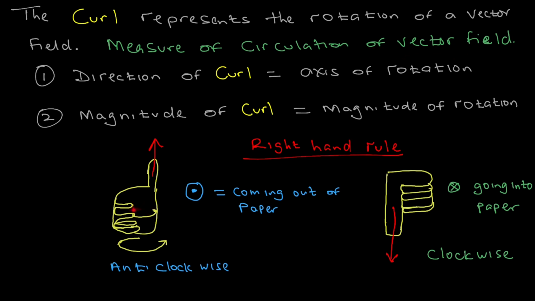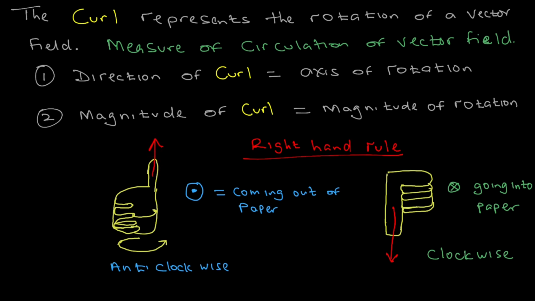If you have your right hand and you fold your thumb pointing up and your fingers are coming in an anti-clockwise direction, then we can represent that as coming out of the paper, and that's how you draw that. And that will be your vector field, the rotation in that direction.